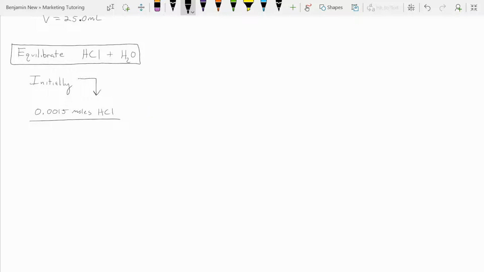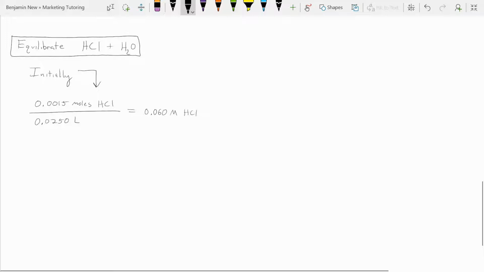So divided by 25 milliliters, or in liters, that's 0.0250 liters. And so that becomes 0.060 molar HCl.